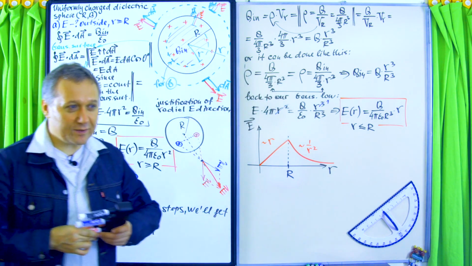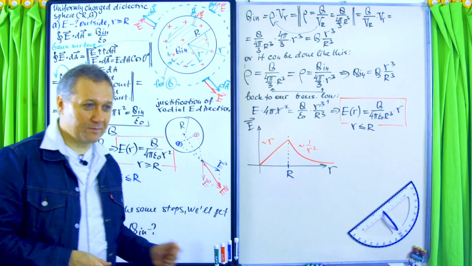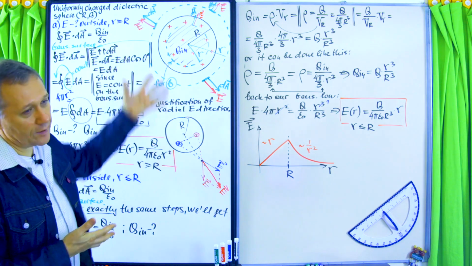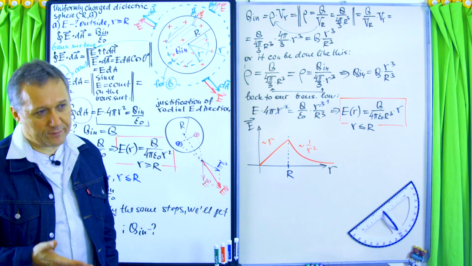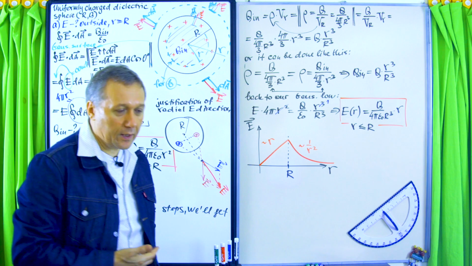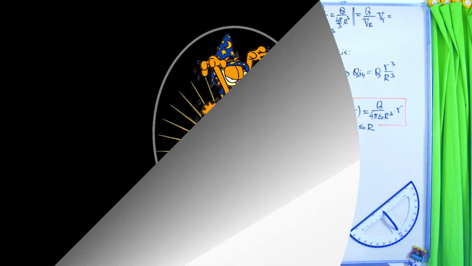So that's how the electric field changes with r, the electric field created by a uniformly charged non-conducting sphere, or for now we can say dielectric sphere, because if it were a conductor, the story will be slightly different. We will discuss that in a few minutes.